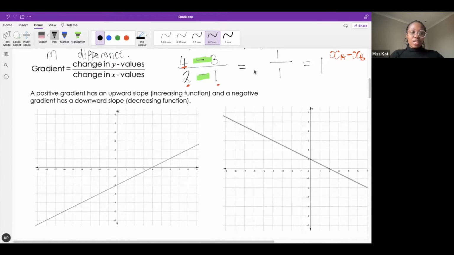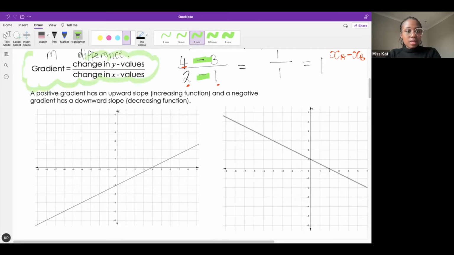If you work out the gradient, so if you do this whole formula, y of this minus y of that, this whole formula, don't worry, we're going to do plenty of formulas, Buhle. So if you do that whole formula and you get a positive answer, that means your graph will increase. Remember, we did increasing and decreasing graphs.